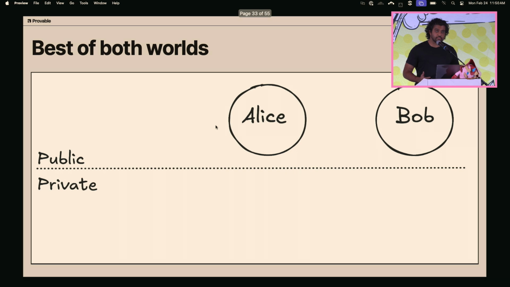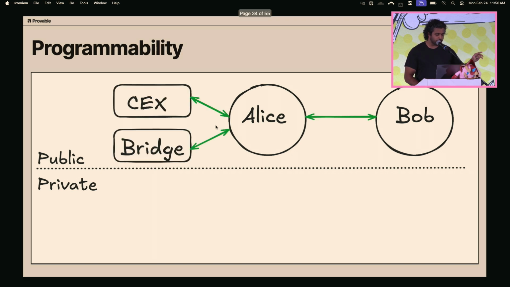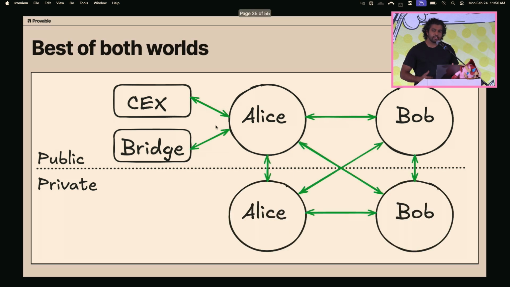Now, what this means is if we have this kind of traditional world where you have public on-ramps, a centralized exchange, a bridge, and just public transactions where Alice and Bob can send money back and forth, move them on and off, and so on, you now get this private dual world where Alice and Bob can also move into the private domain and transact between them.